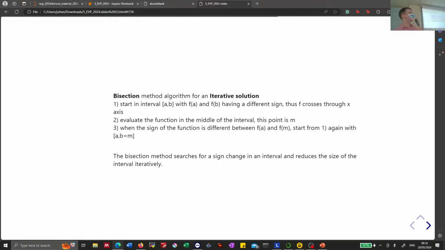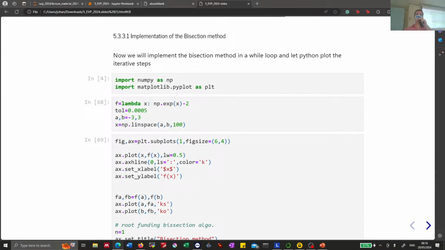It's highlighted in bold font for you, so you can see it very clearly. Okay, so we already implemented the bisection method, and it's a very, very simple implementation. So the bisection method can be implemented in just a few lines of code.